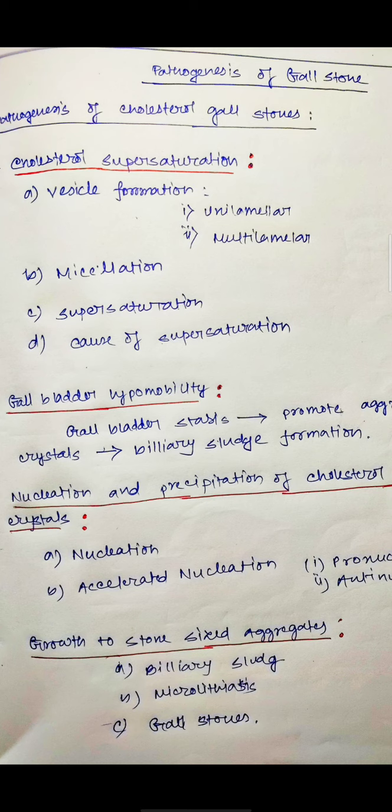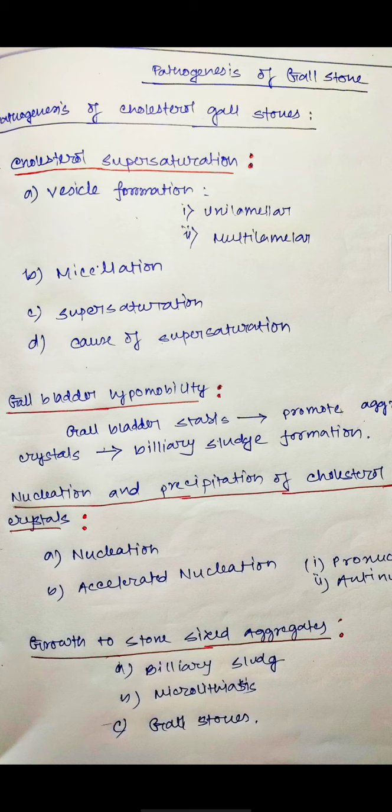Okay, so when it progresses to stone, its crystals grow to form plates, in part because of the impairment of gallbladder contractility. Now the next one is microlithiasis, that means microstone formation.